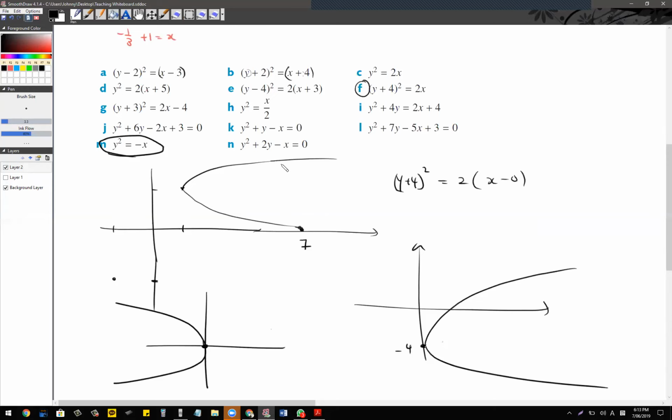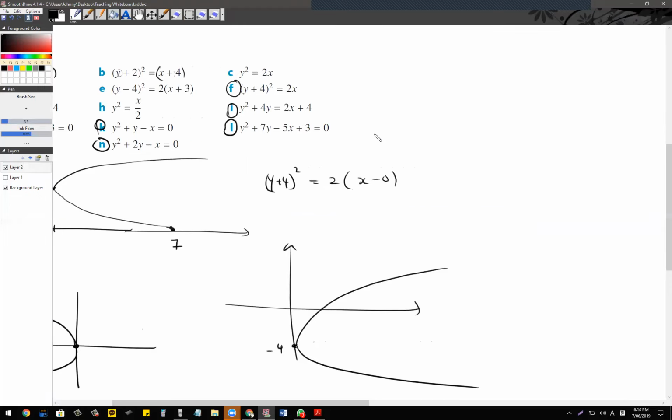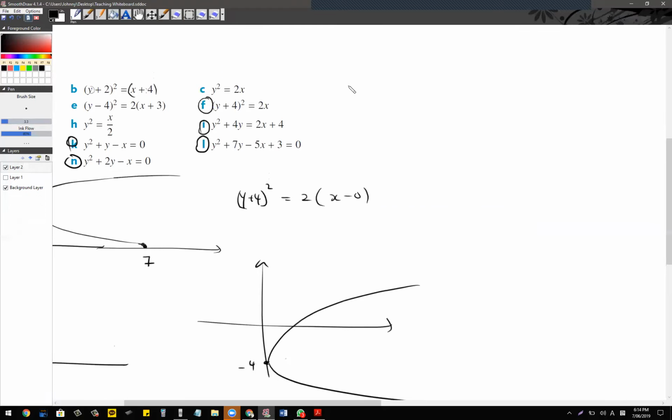But for stuff like J, K, N, I, L, you have to do some completion of the square stuff. So I'll show you. For I, y squared plus 4y equals 2x plus 4. Just leave the right side like that for now, but I definitely need to complete the square for this one. So I need to add 4.